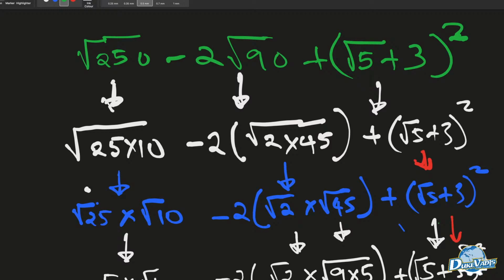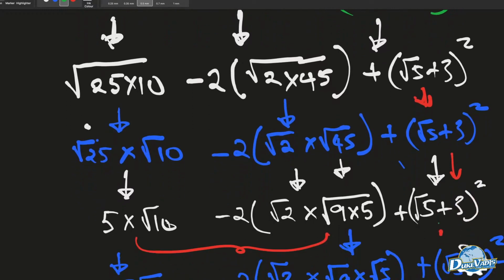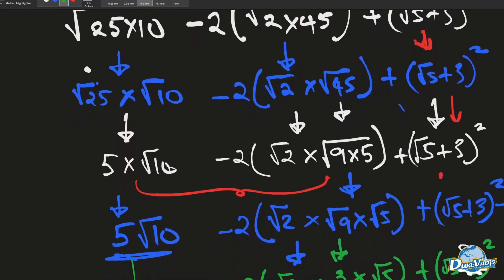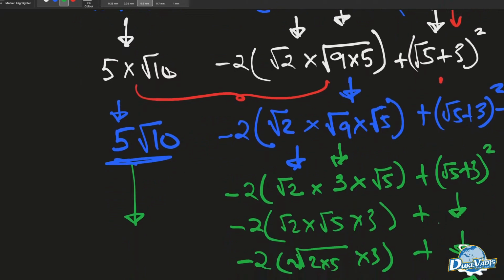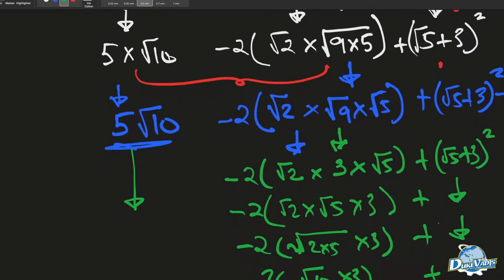So you see this one, and from the green we came to the white, from the white we moved to the blue as we did our further expansion. We have 5 times root 10, then we broke it down, the 9 in there became 3, so root 2 is there, times 3 times root 5.